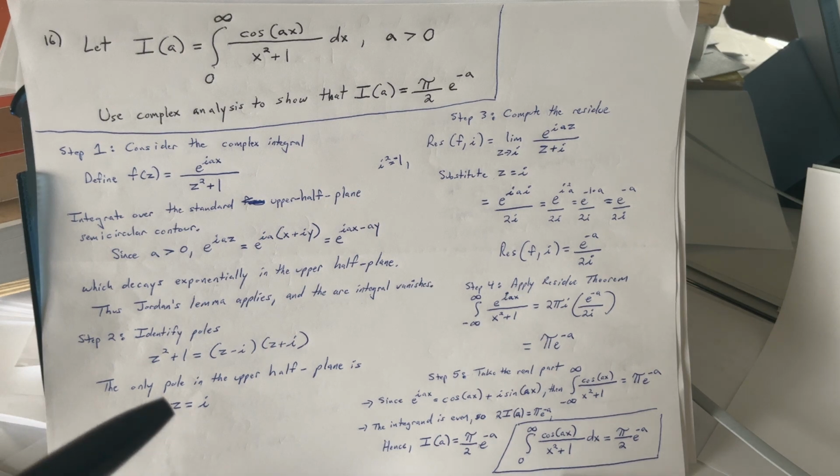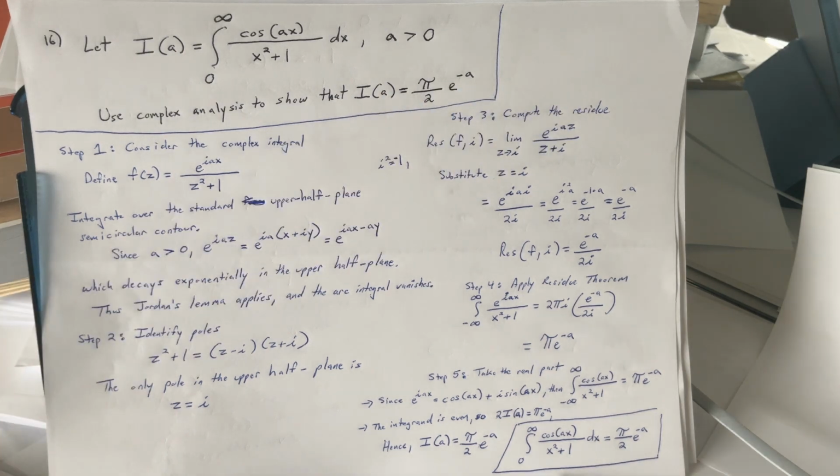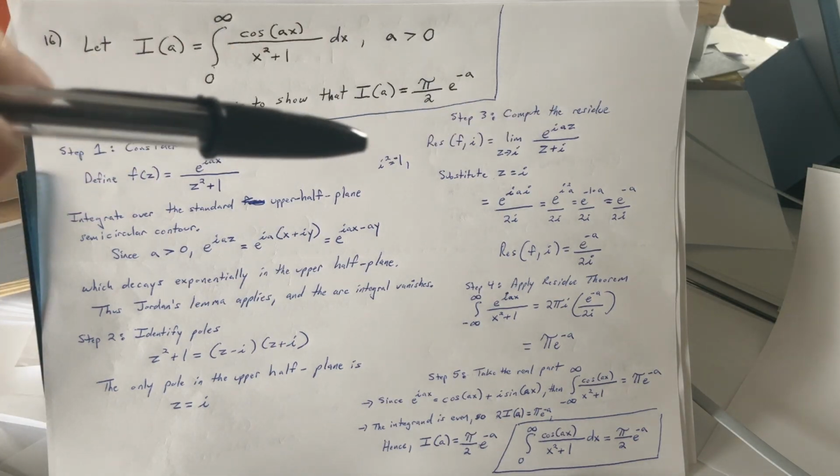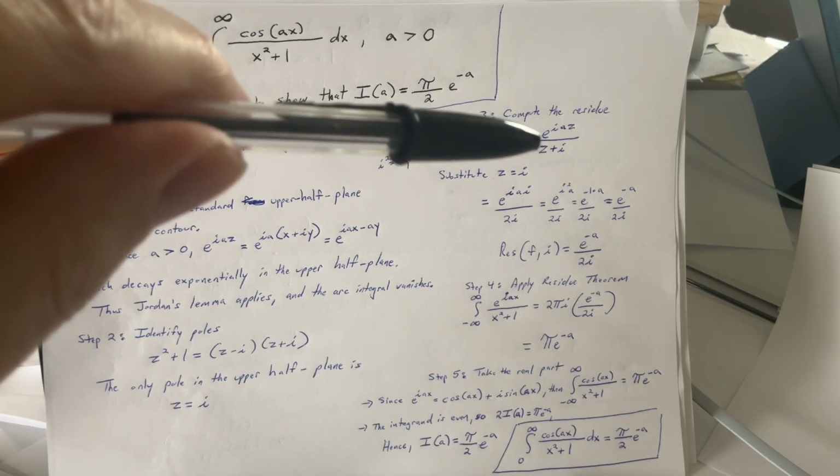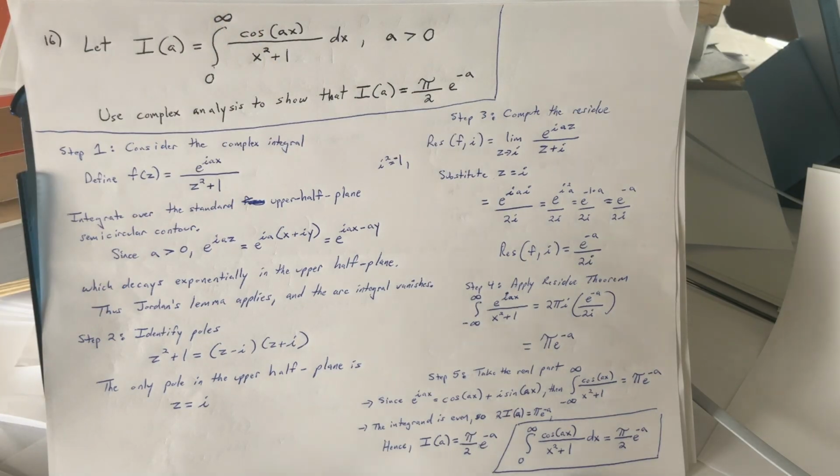Now, move along to step 3. We want to compute the residue. The residue of f at i equals the limit as z approaches i of e to the i a z over z plus i.